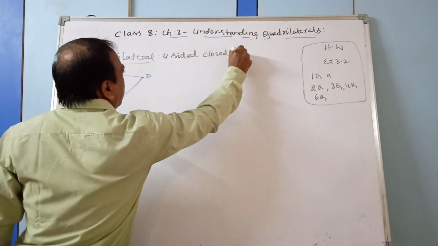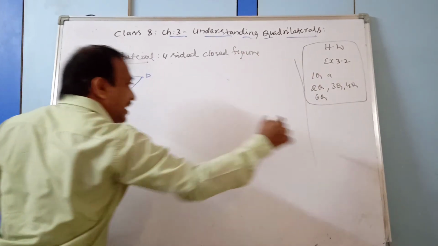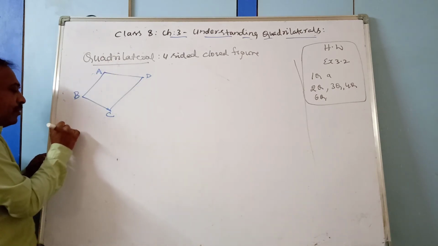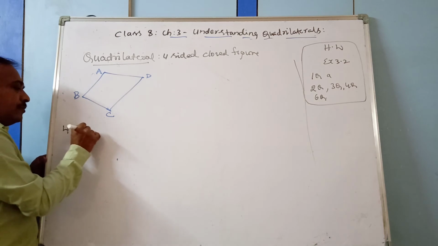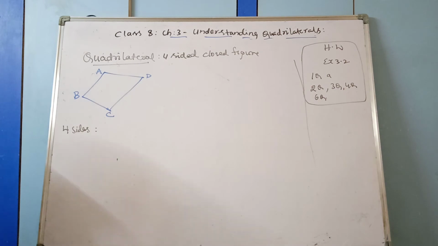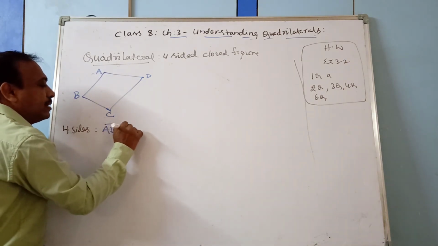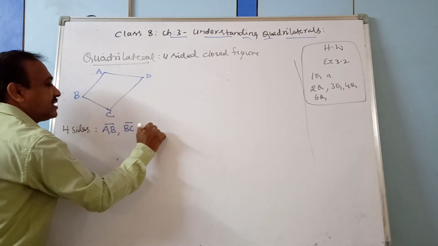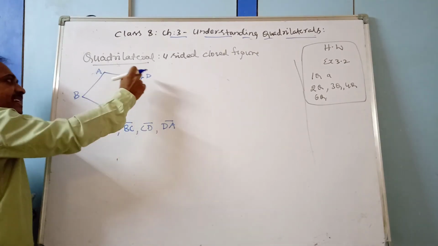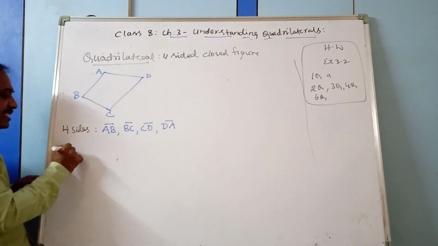It will have four sides. Each line segment is called a side, that is AB, BC, CD, DA. These are the four sides. Next, four vertices.